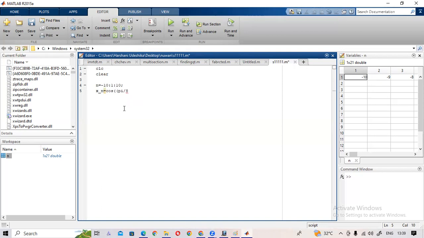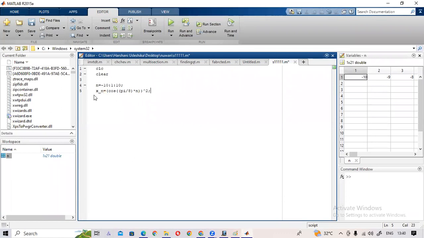Okay, so this is 5 by 8 times n, and you have to get the square of this whole term. So I will write this: cos square of 5 by 8 n.